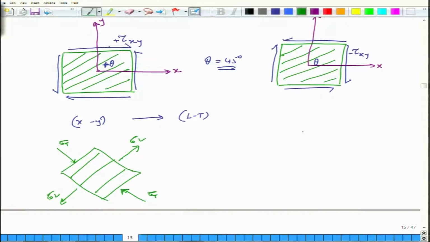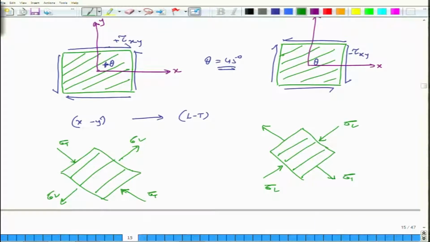In the second case, fibers are still in this direction, but the situation changes. Here sigma L becomes compressive and the transverse stress becomes tensile.